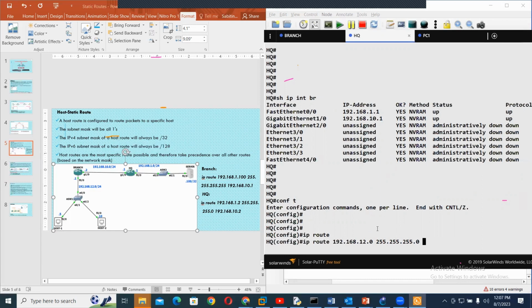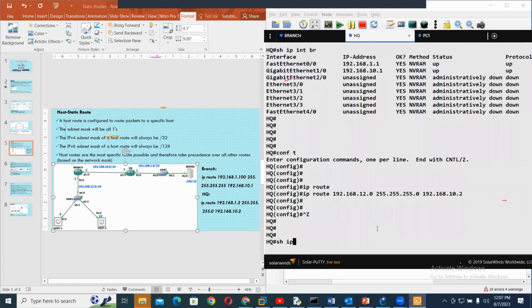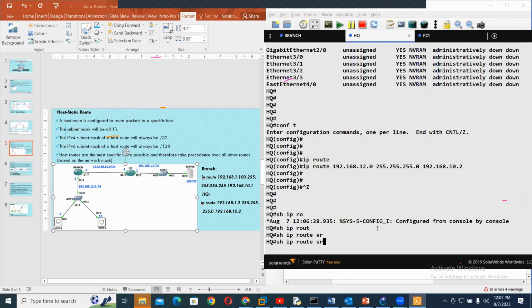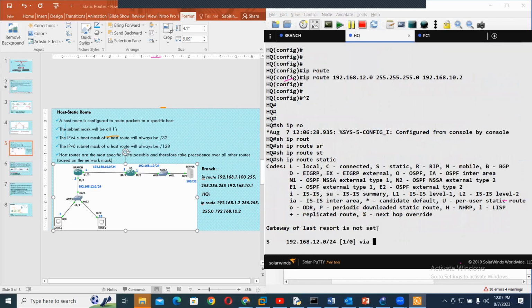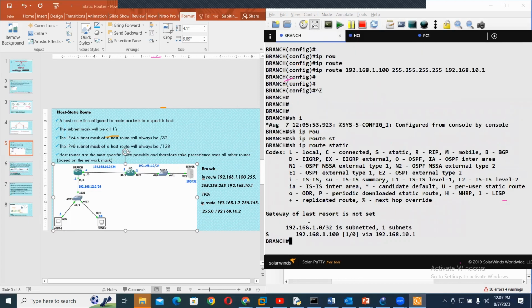Now, to access this network, you have to pass through 192.168.10.2. Show ip route static. Yeah. Now for the HQ configuration, we have a destination network, but for the branch, our destination is a host IP.